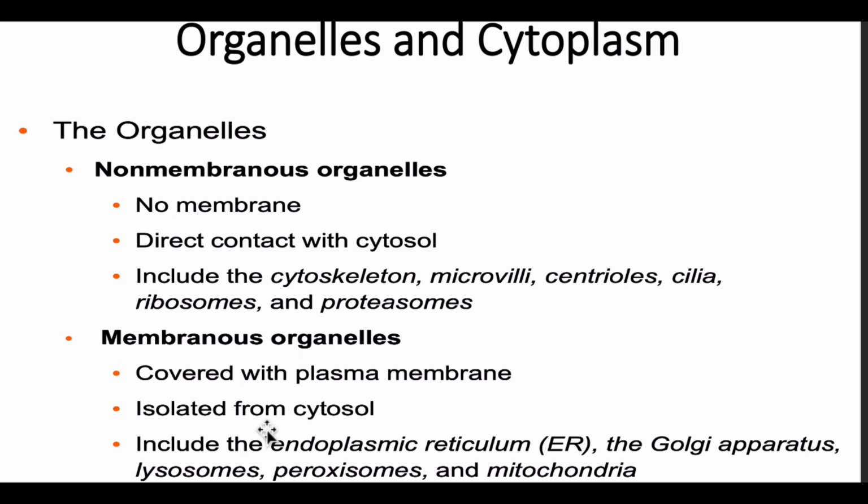Whereas the non-membranous organelle, remember, is in direct contact with the cytosol. The membranous organelles include the mitochondria, peroxisomes, the Golgi apparatus, the endoplasmic reticulum, and also the lysosomes. They are all membrane-bound organelles.